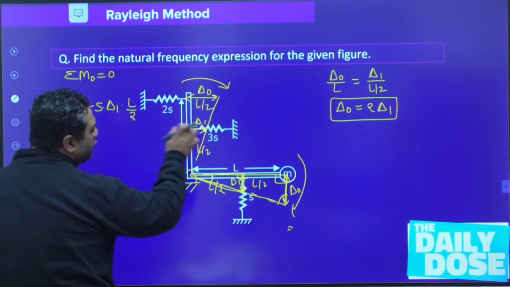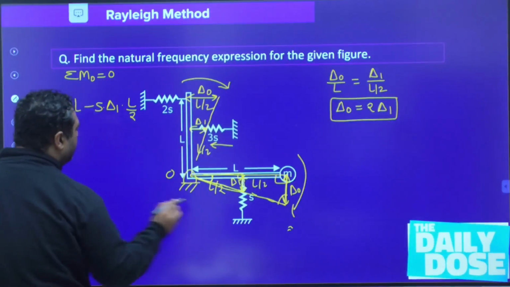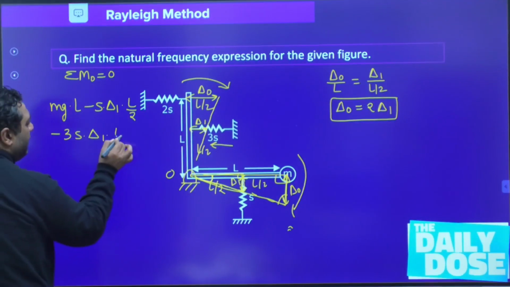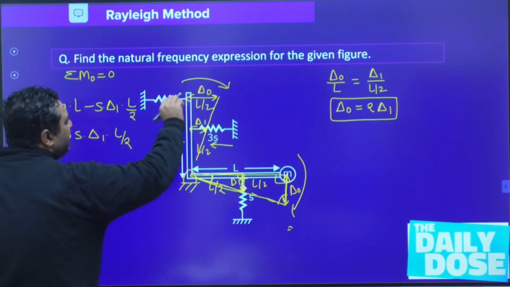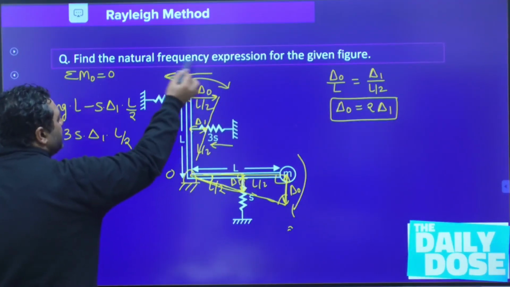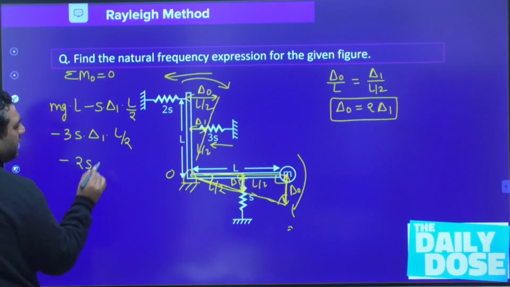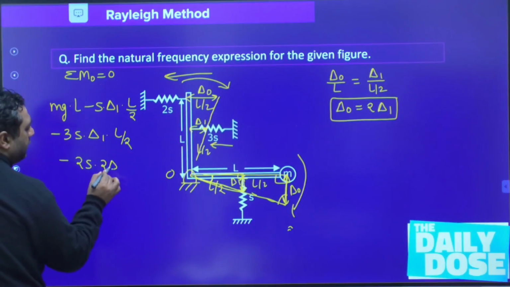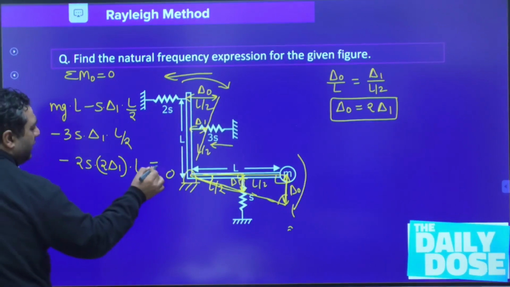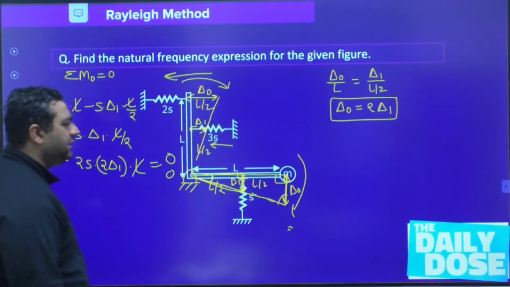Then this spring is also compressed, and the force in the spring also creates an anti-clockwise moment, so minus 3S into delta 1 into L by 2. This spring is expanded by delta naught, so it creates a force in this direction, which is anti-clockwise: minus 2S into delta naught, which is 2 delta 1, into L. Putting it equal to 0, L will get cancelled out.